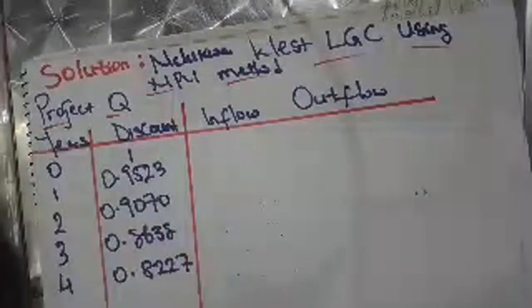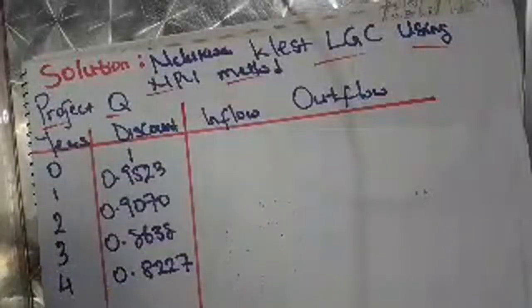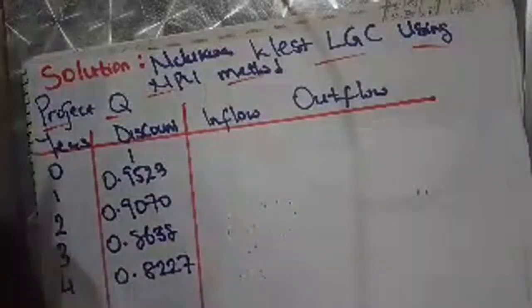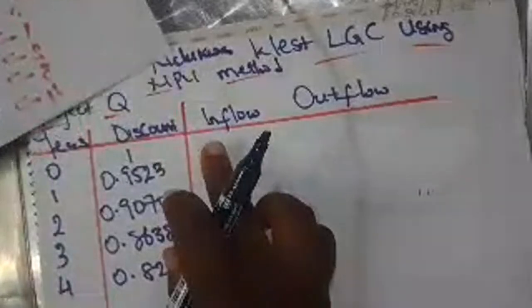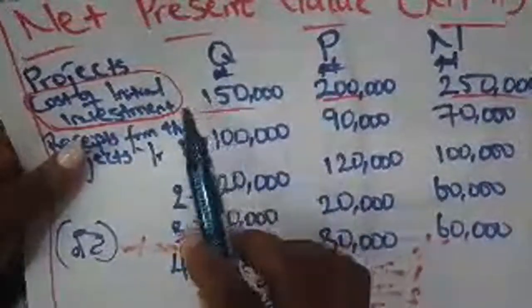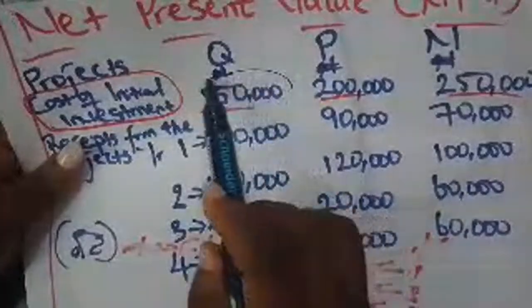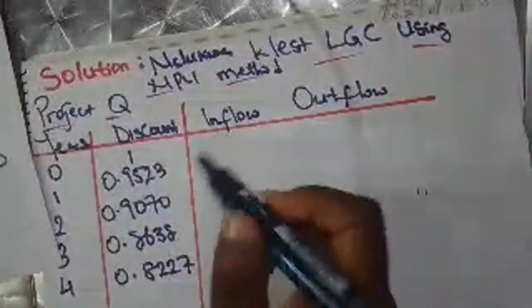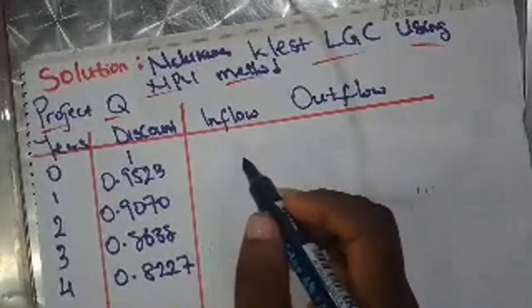Now, what's the outflow? Remember what they use in purchasing, what they use in starting up the project. For project Q is 150,000 naira. So that's what you bring in.